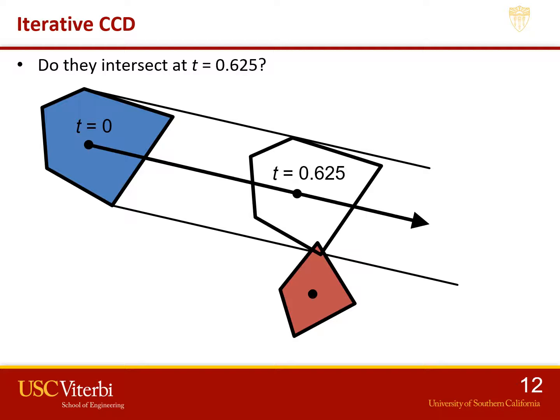So we'll keep doing that. We'll keep iterating until we've refined the time step down as small as we're wanting to. It's a toss-up between how many iterations you want to do versus how much precision you want. And that's just going to come down to how much time you want to spend doing this.